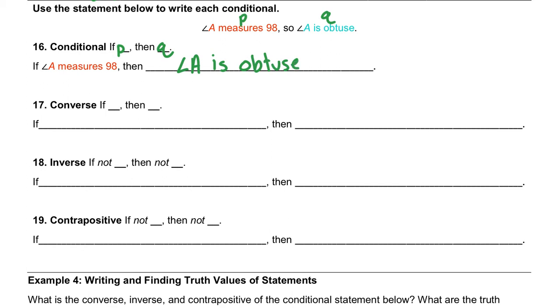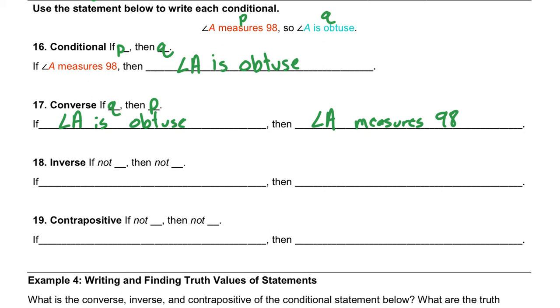The converse of that statement has us write the hypothesis and the conclusion in reverse. So the converse tells us if angle A is obtuse, then angle A measures 98 degrees. So the converse just takes P and Q, swaps them.